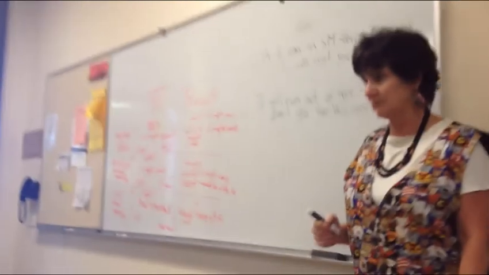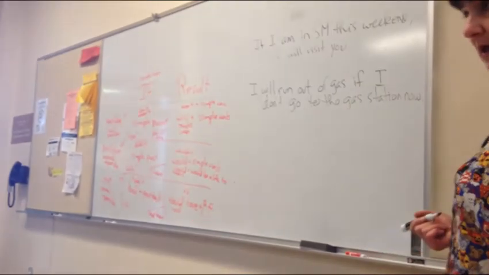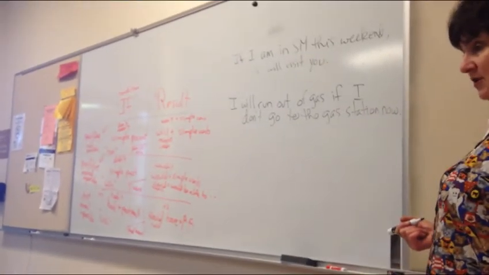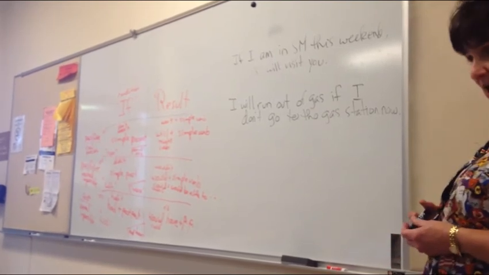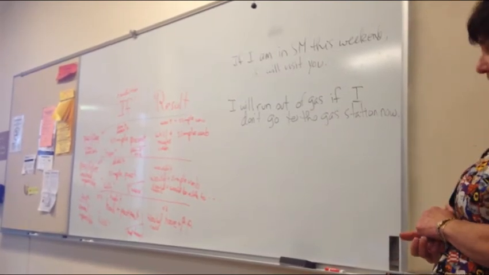It could happen. I don't live that far away. Arroyo Grande is only 20 minutes. I could be in Santa Maria. So if I am in Santa Maria this weekend, I'll visit you.